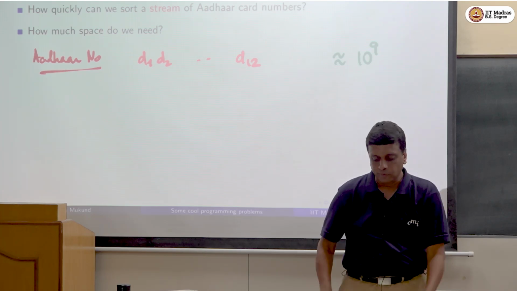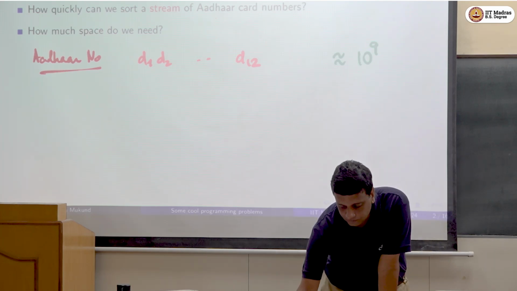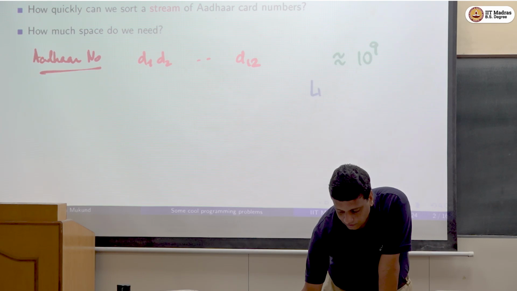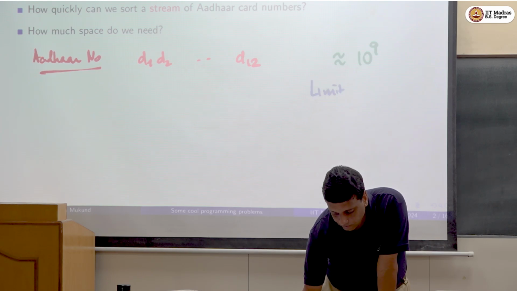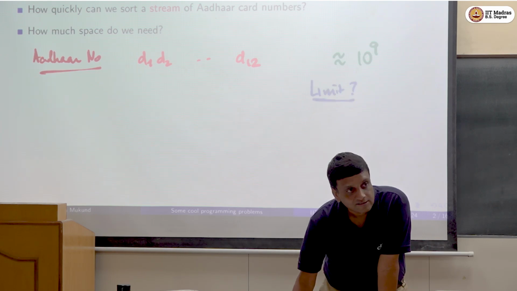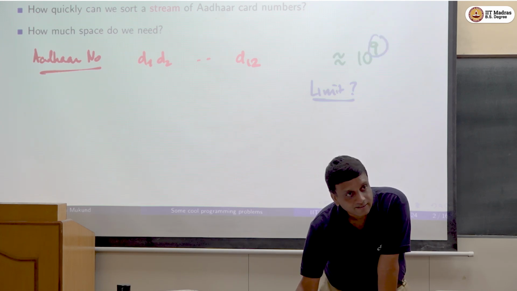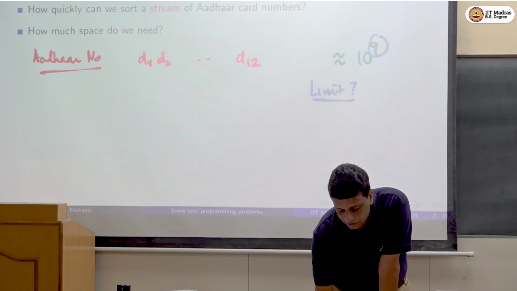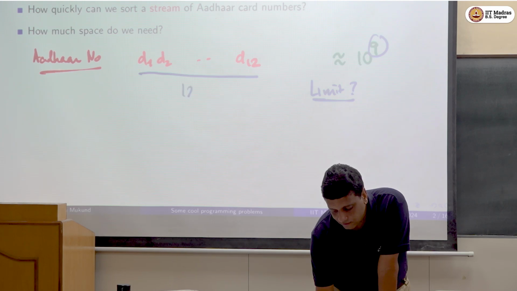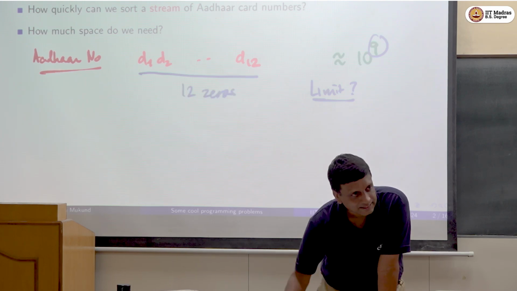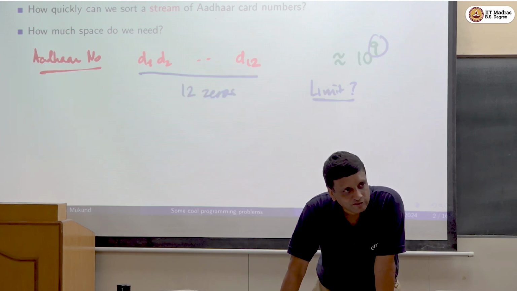So in principle, how many Aadhaar numbers could be there? This is 9 zeros, right? But in principle, you could have basically 1 with 12 zeros minus 1. That's how many Aadhaar numbers there are.